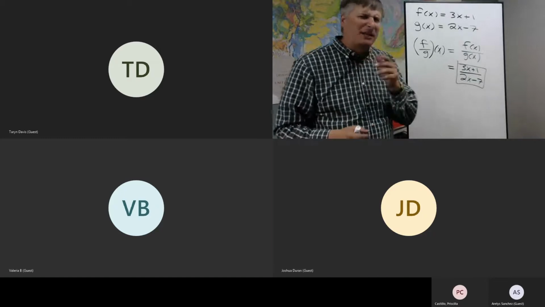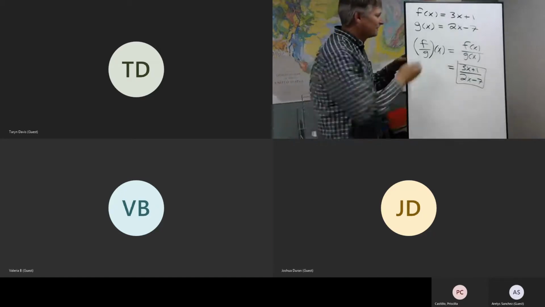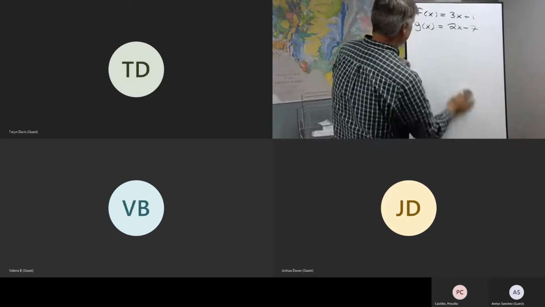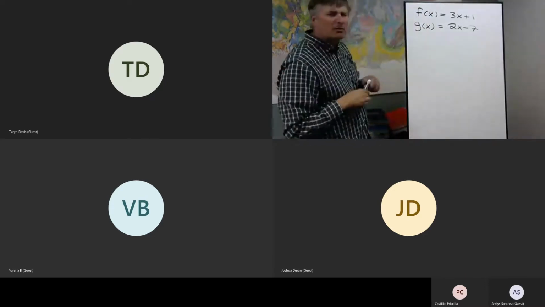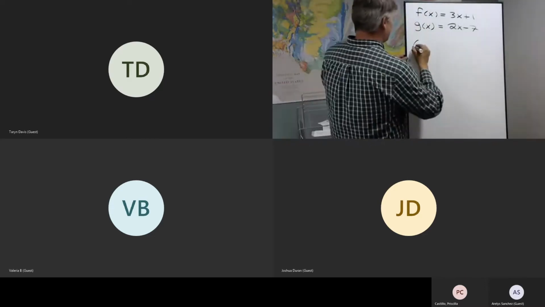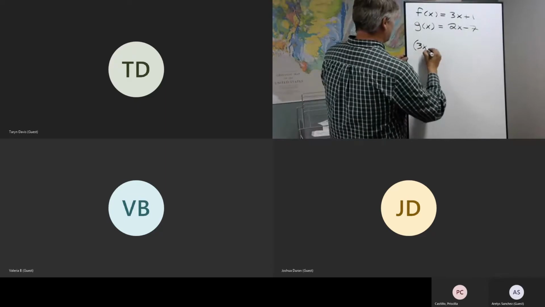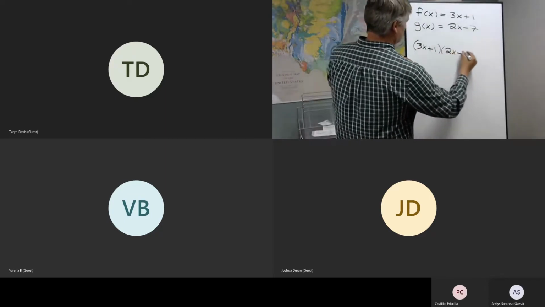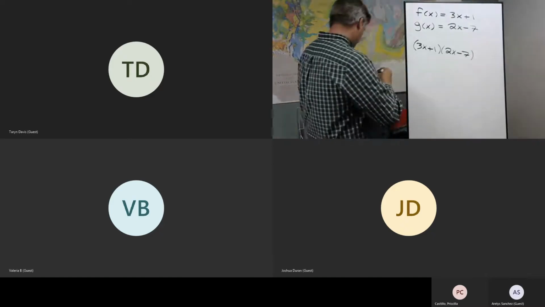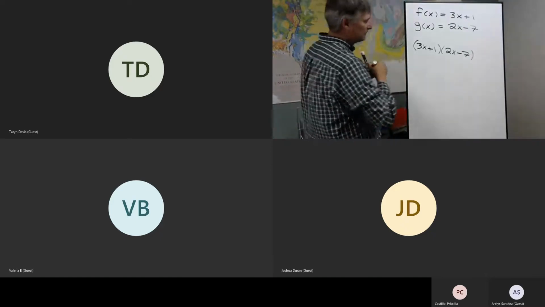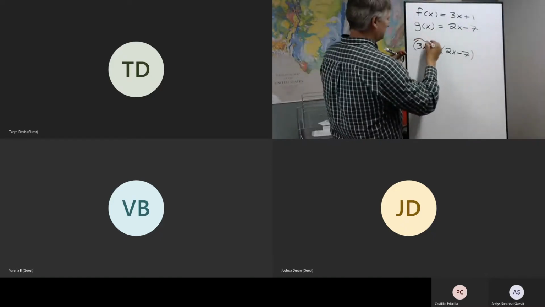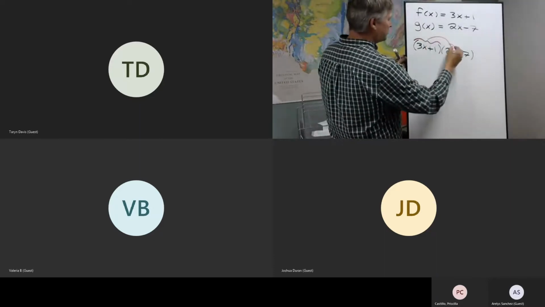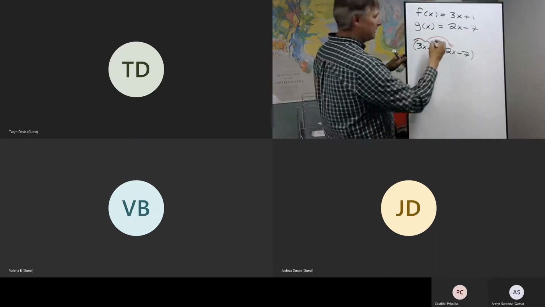Let me show what I was getting at with that. So when you're multiplying functions together, there's a couple ways you can do this. First off, we can distribute this entire piece here.